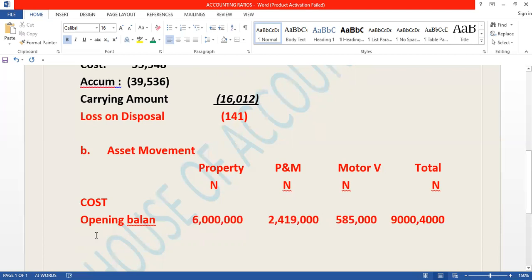Okay, so apart from that, what is the addition to that asset? Check note 1. There's no addition for property, so let's go back to that question together.